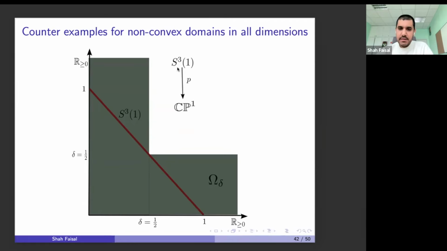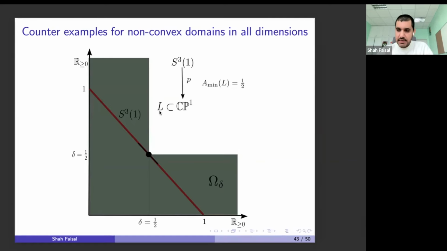I think of it as a Hopf fibration over CP^1. Take an embedded loop L on CP^1, which bounds half of the total area of CP^1. So the symplectic area is 1/2, which is half of the total area of CP^1.